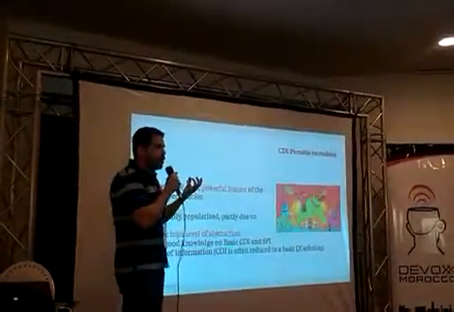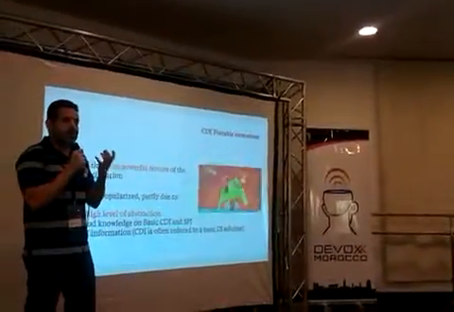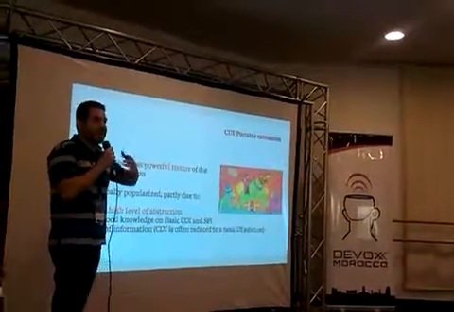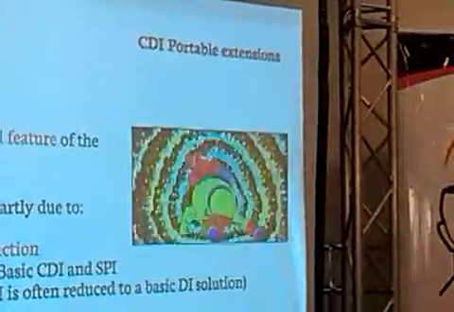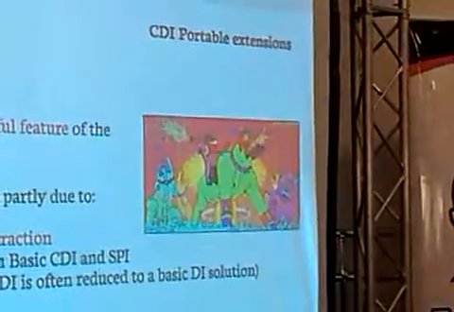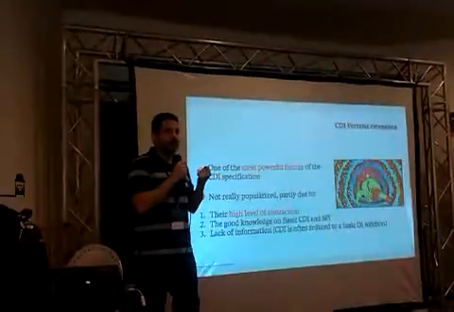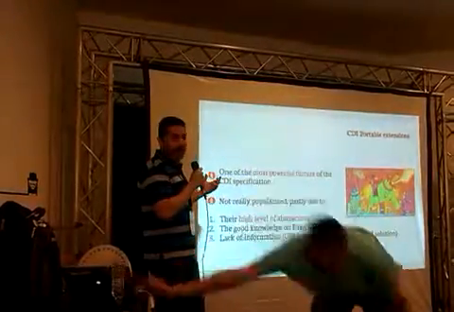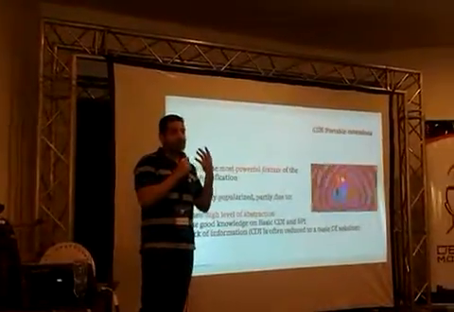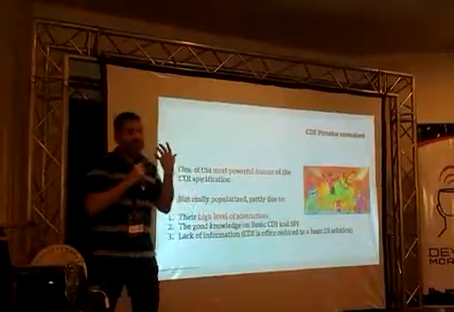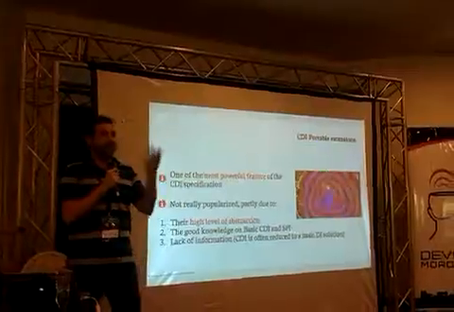This feature makes a total difference in the specification because it allows CDI to be extendable. You can extend CDI, and this is one of the most powerful features of CDI. But it's not very popular. Why? Because the API is complex and there's not much documentation about it. So it's powerful, but it's not very used.